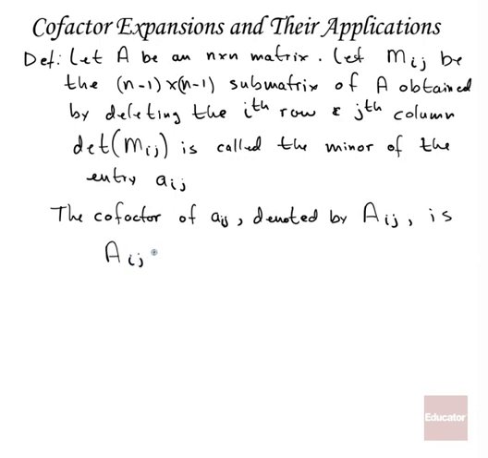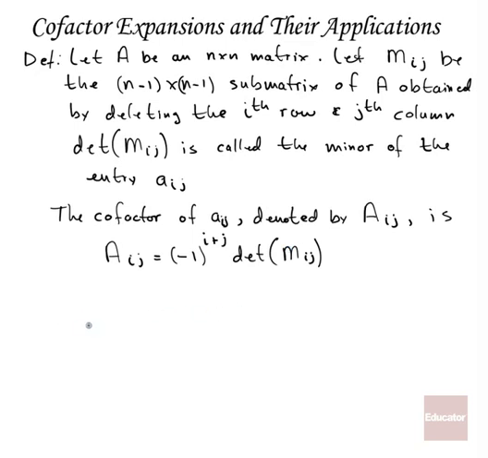A sub ij equals -1 raised to the power of i plus j times the determinant of M sub ij. Okay, don't let all these subscripts and i's and j's and -1s scare you. Let's do an example and it'll make a lot of sense.